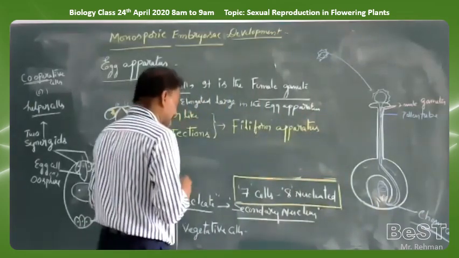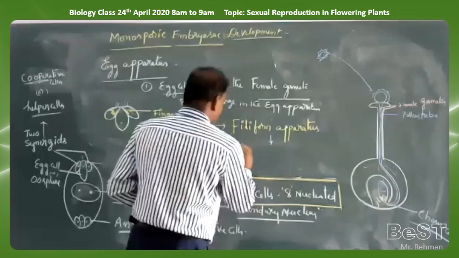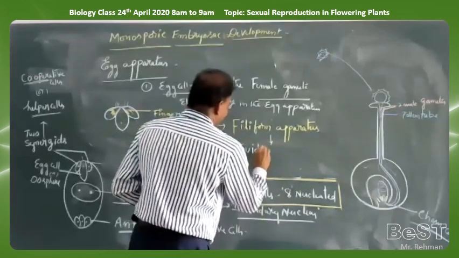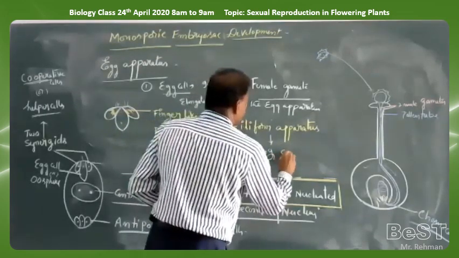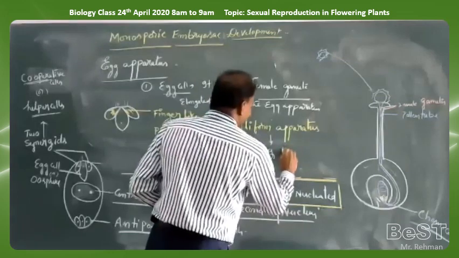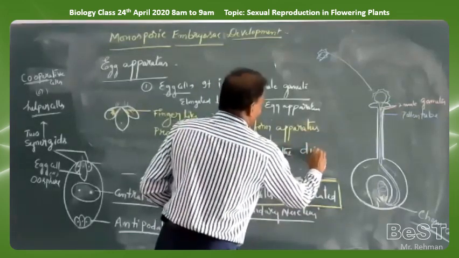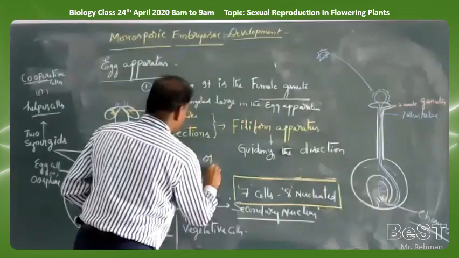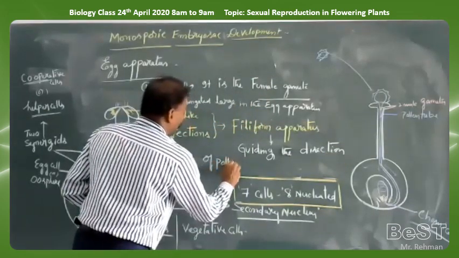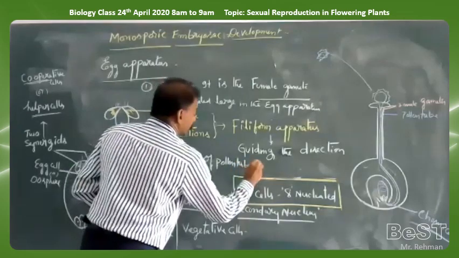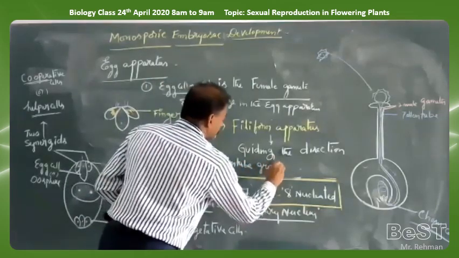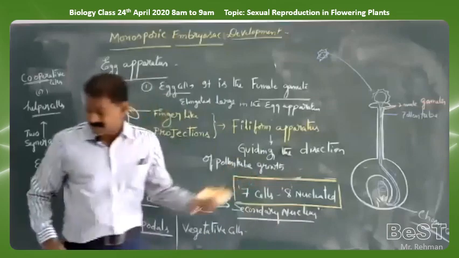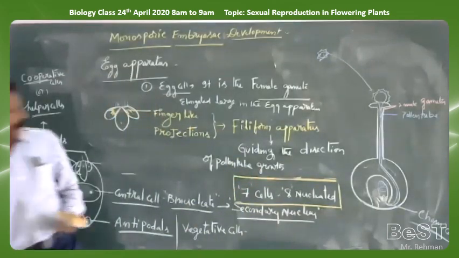Filiform apparatus is guiding the direction of pollen tube growth towards the micropyle.